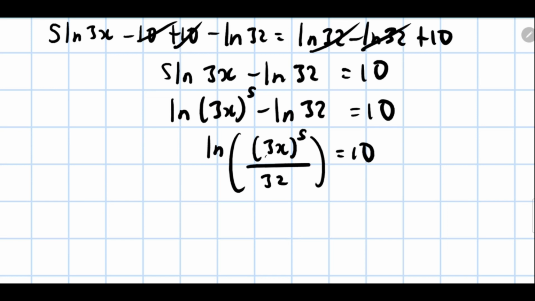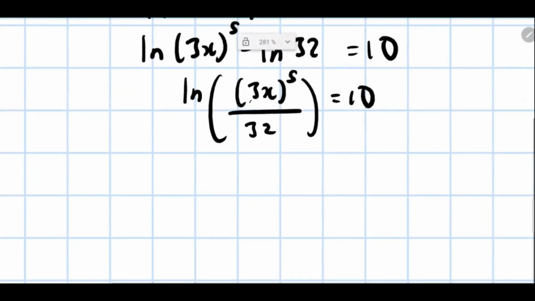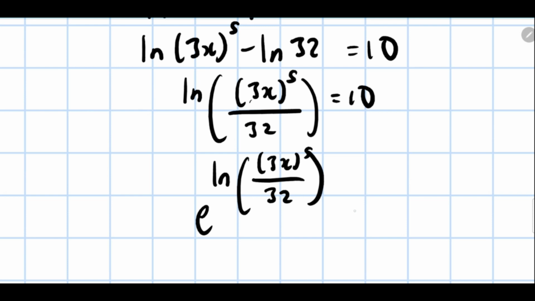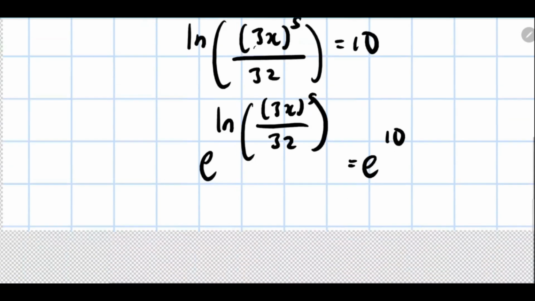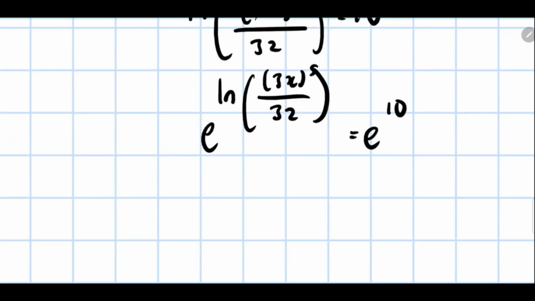Then we can simplify this further. We can raise e to both sides, so it'll be e to the power of ln (3x)^5 over 32 is equal to e to the power of 10. From here we can eliminate these because they have the same base and the same log base.